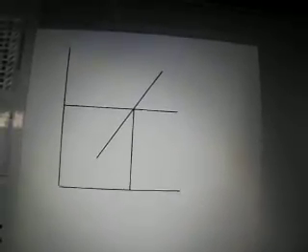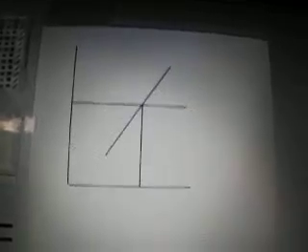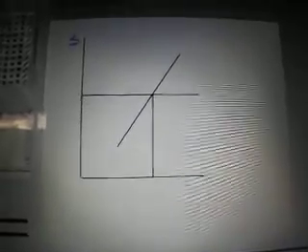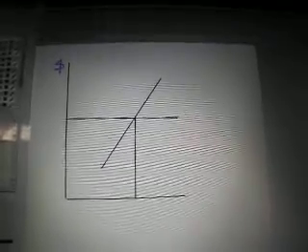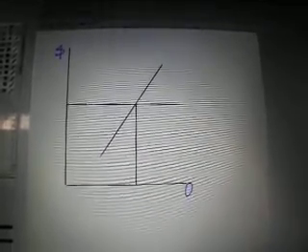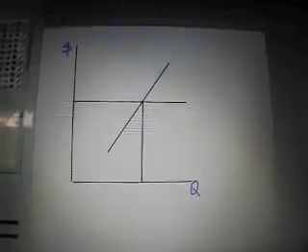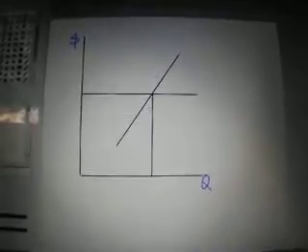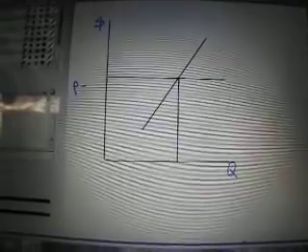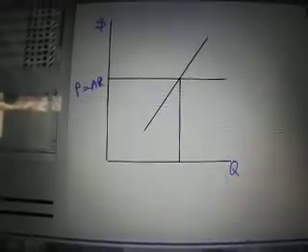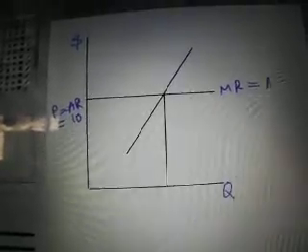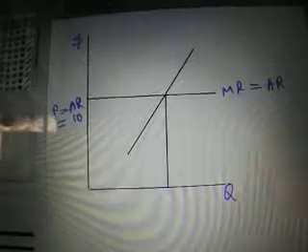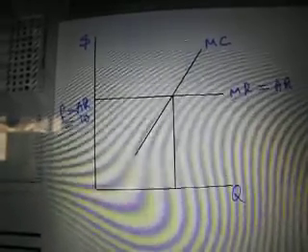All right, so here is your cost and revenue, dollar, and here is your quantity, and this was P equal to AR equal to $10, and this is MR, it's the same thing, AR equal to MR, and this is your MC.